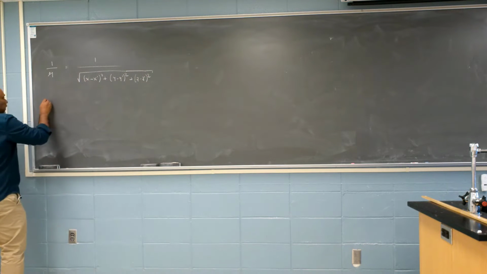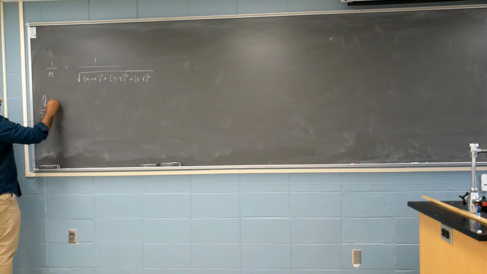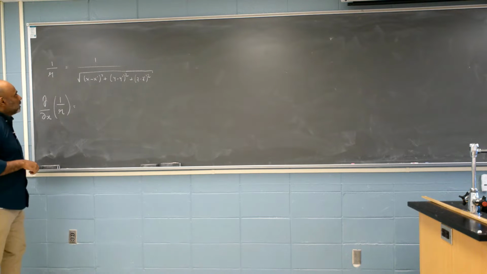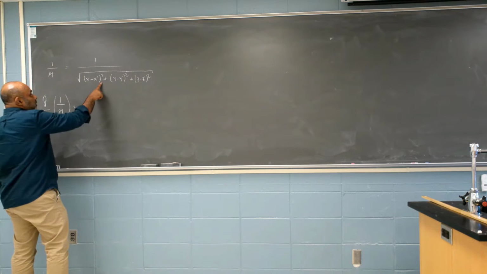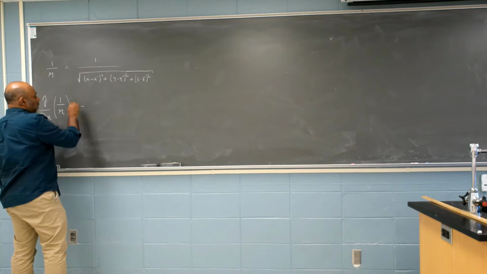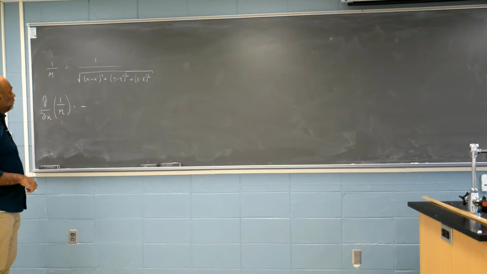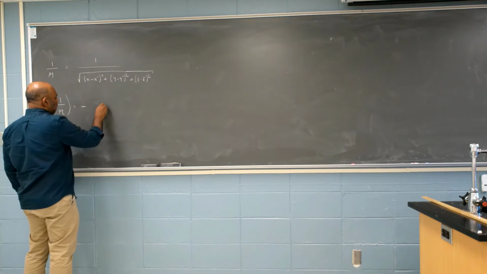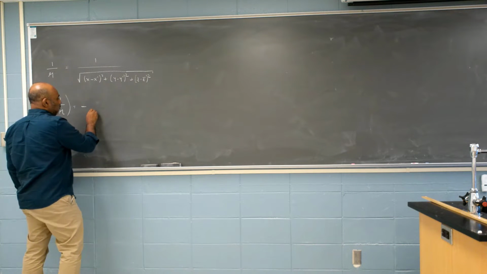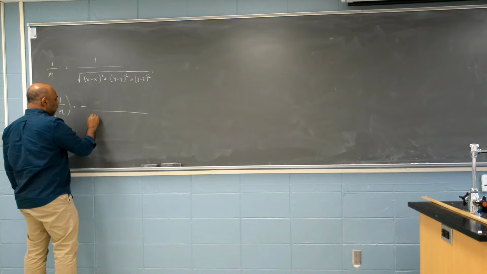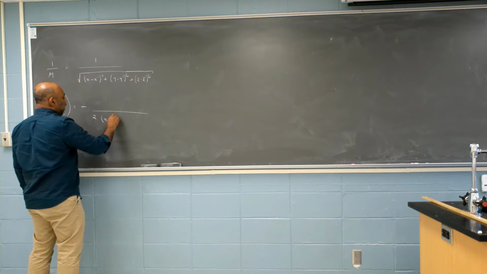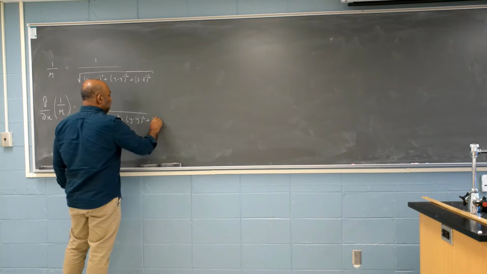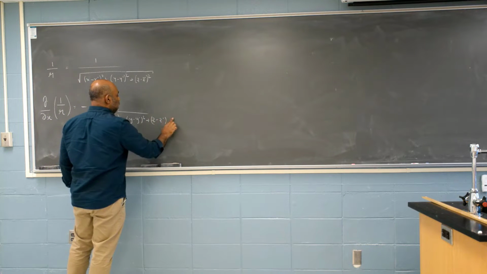If I take a partial derivative with respect to x of 1 over the separation variable, this quantity is raised to minus 1/2, so I have minus 1/2 times the quantity raised to minus 3/2.